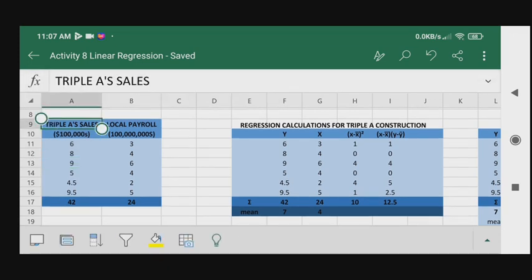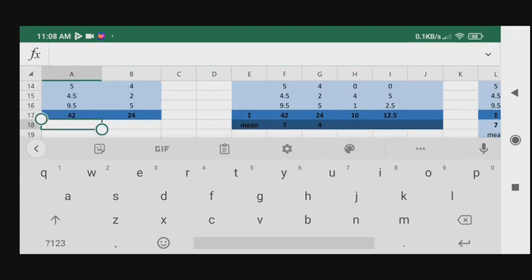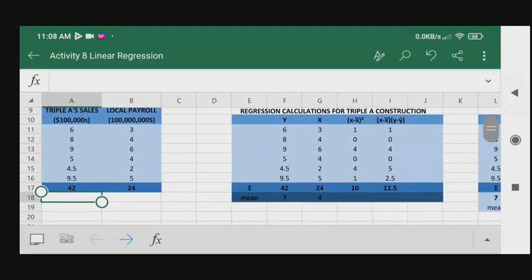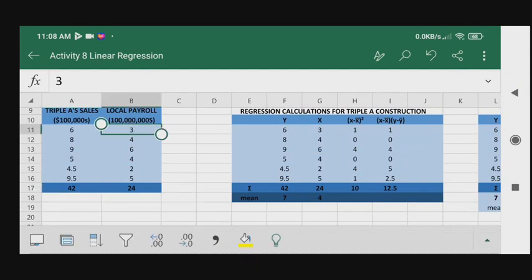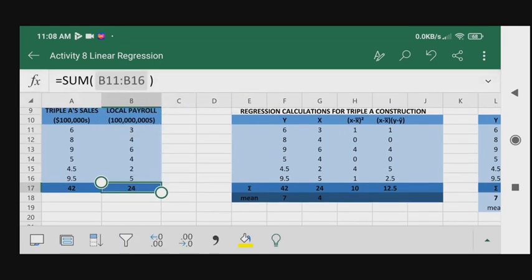We need to get the sum from the 6 given. The sum is equal to 42, and this is the formula to get it. Same procedure with the payroll. The sum for the local payroll is 24.